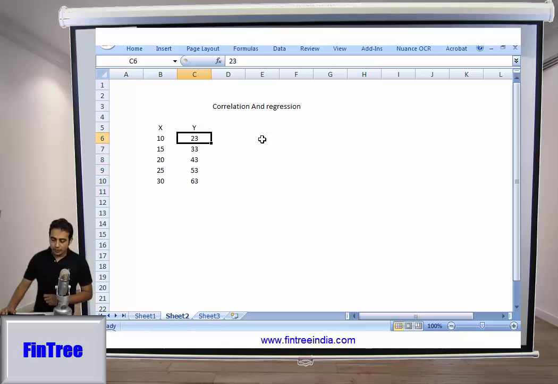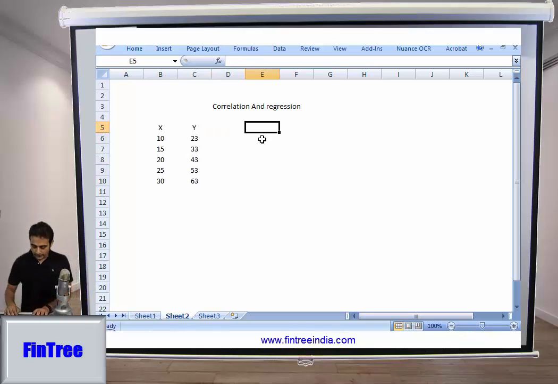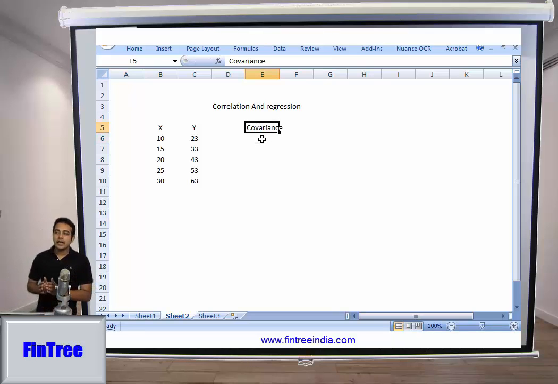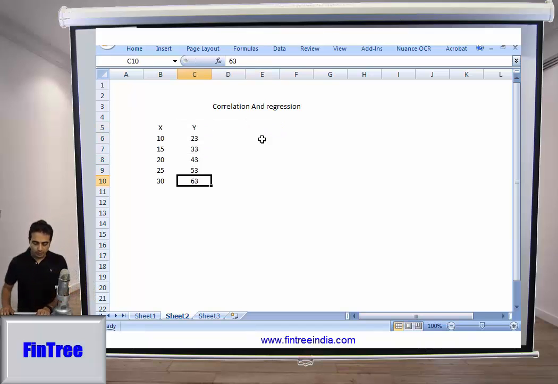The first thing that we would want to learn to calculate is a number called covariance. When we want to gauge the relationship between two variables, one way of doing it is to calculate covariance. And how do we do that? Step number one, we will have a total of X values and a total of Y values.